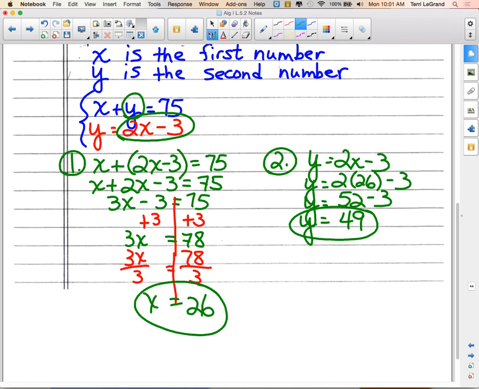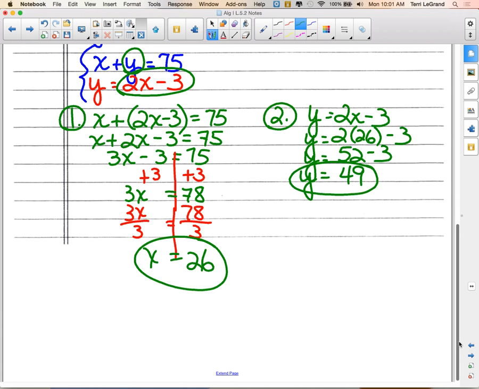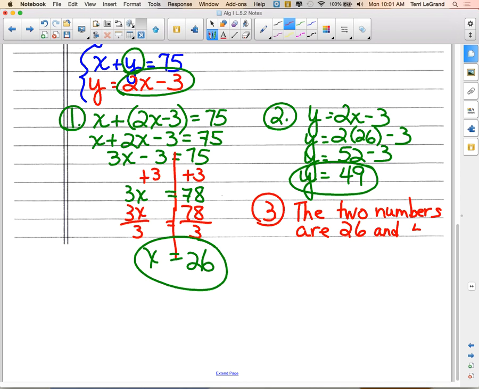And when it is a word problem, we're going to write a sentence. The two numbers are, what are our two numbers? Ben? 26, 49. Yeah, are 26 and 49.